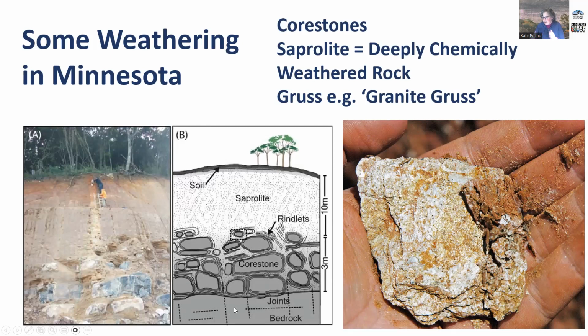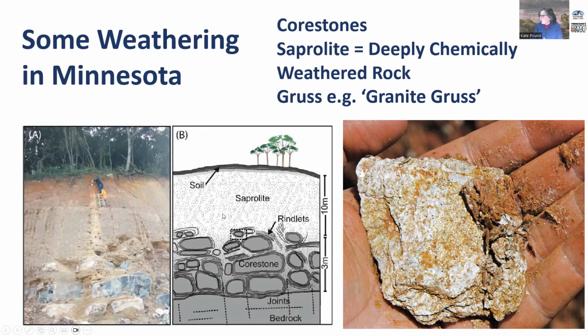Now, that granite is actually cut by a whole bunch of cracks or fractures. Those are called joints. And what has happened since those rocks were exposed at the surface is that the warm temperatures they experienced when they were at the surface meant that not only did those cracks get opened up by water, but there was a lot of chemical alteration, chemical weathering.